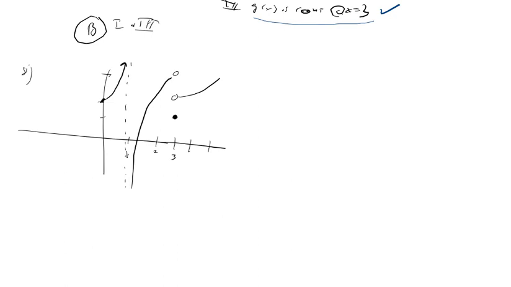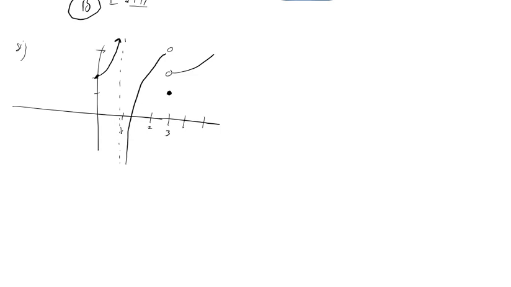So it asks us, in this graph, which of the following is true? Which one of these is true? We have A, that's saying the limit as x approaches 1 of f of x equals infinity. B, the limit as x approaches 3 from the left side is less than the limit as x approaches 3 from the right side.